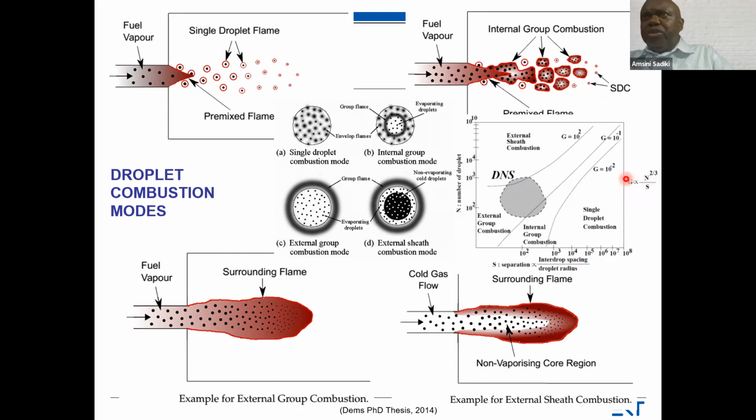It is the ratio between this number here, 2/3, divided by S. The S is this term which includes the distance between two droplets. And using this, one could obtain this diagram in which we have the external group combustion, internal group combustion, single droplets, and the external sheet combustion based on this quantity here.